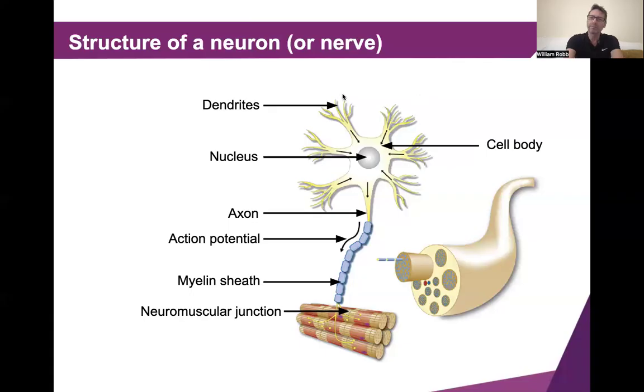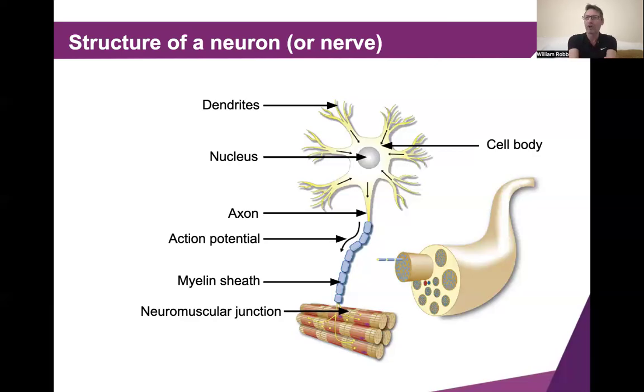So again, the information is collected by the dendrites. That information is sent into the nucleus of the neuron. That information is sent from the nucleus to the muscle down the axon. The information sent down the axon is called the action potential, and around the axon is a myelin sheath. If you think about the cable for your telephone charger, inside you've got little wires.